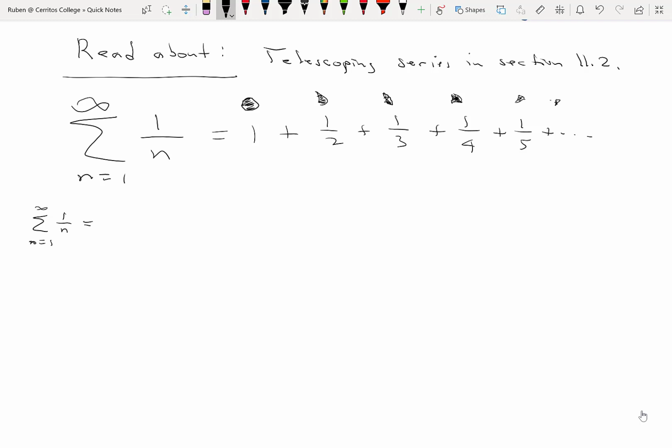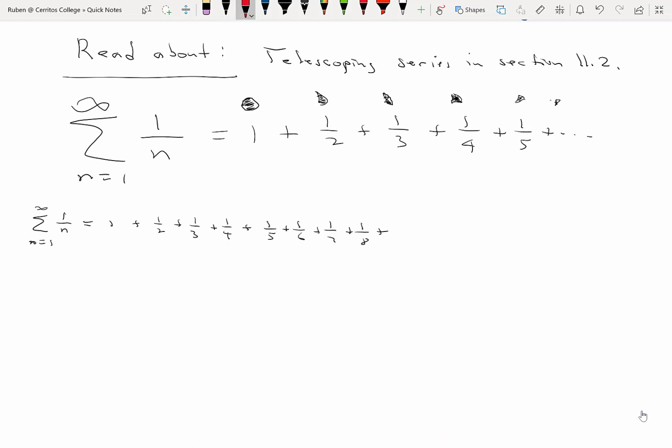So the series looks like 1 plus 1/2 plus 1/3 plus 1/4 plus, I'm going to write out quite a few more terms. Not that many, but a few more. So 1/6, 1/7, 1/8 plus, and this goes on. And I'm going to regroup some of these terms together.